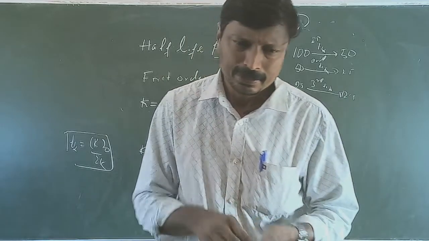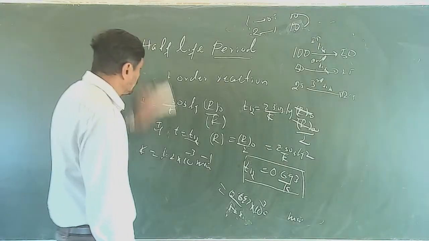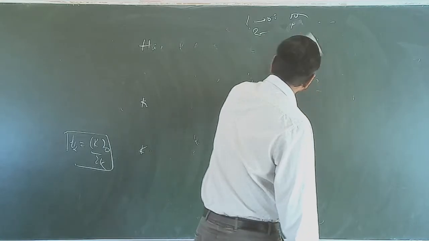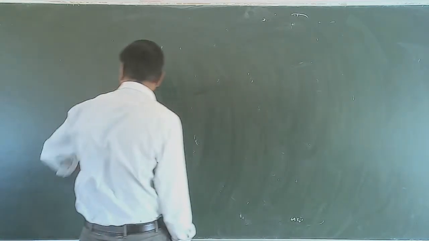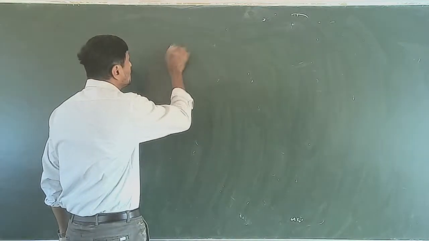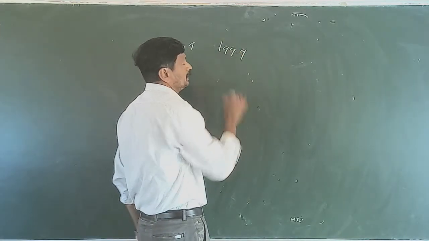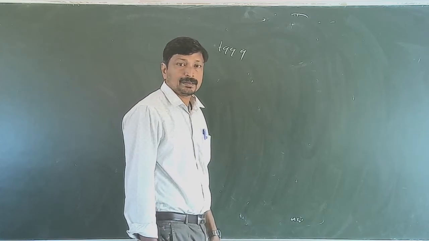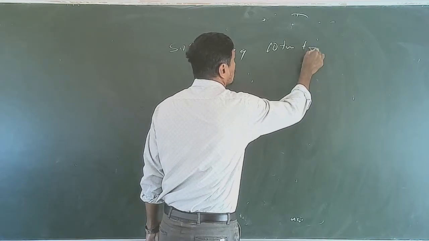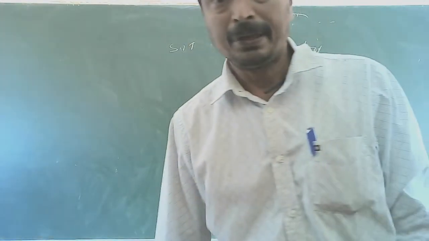Okay, one more problem. In the textbook they have given one more problem on half life period. They asked to show that T 99.9% is 10 times of T 50%.